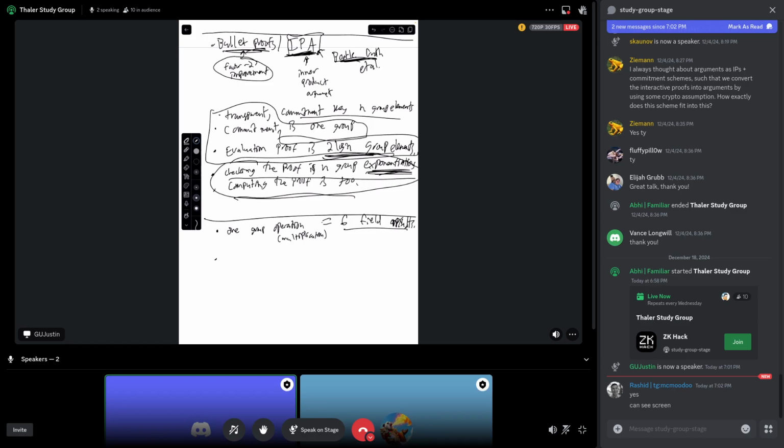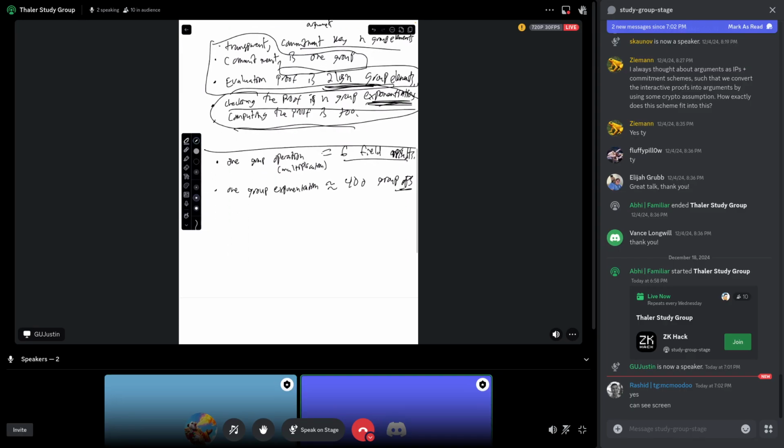But then one exponentiation, also known as a scalar multiplication, is like 400 group operations. 600 group operations. Oh. Yes. So what's going on is, if I need to compute g to the x, well, think of x. You can break it down in powers of 2, right? We can still be kind of clever.